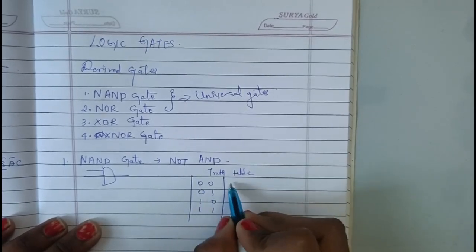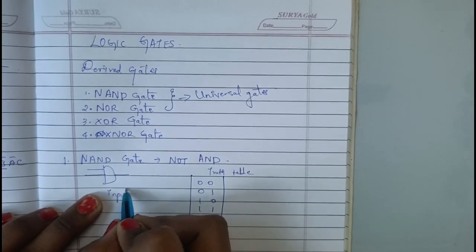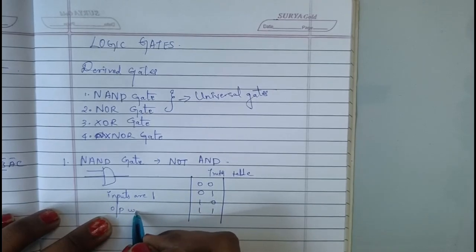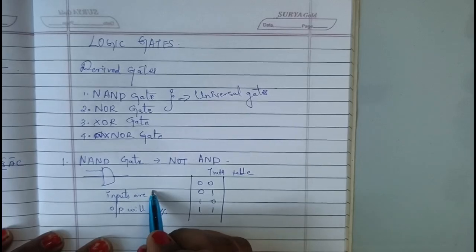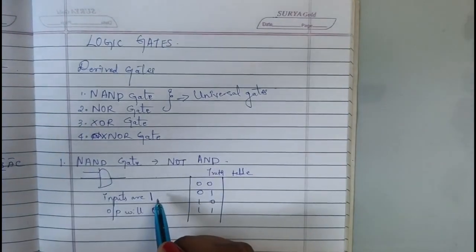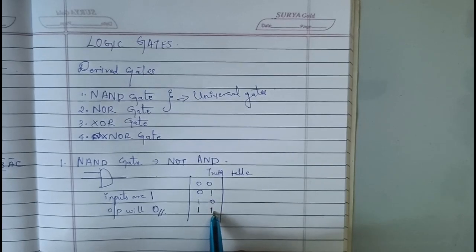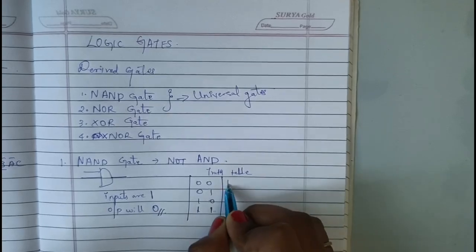If the inputs are 1 1, the output will be 0, and the remaining all go as 1.